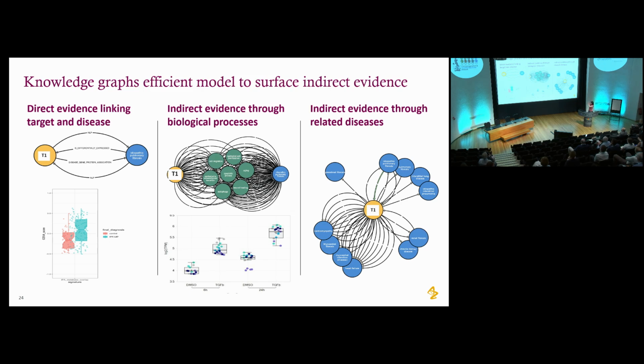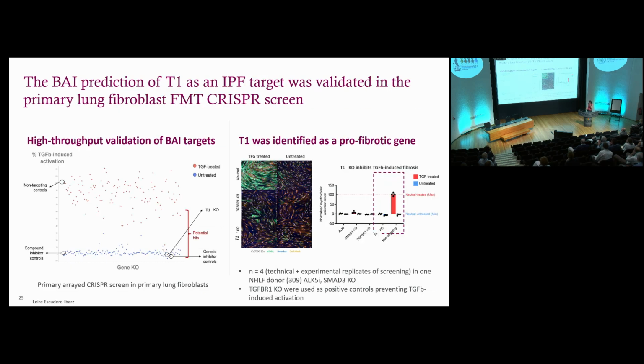When we look at the indirect evidence, however, it's clear that this approach is really good in surfacing the targets that are enriched in indirect evidence. So for example, this particular target is linked to IPF through the biological processes that are linked with IPF, and it's also linked with diseases related to IPF.